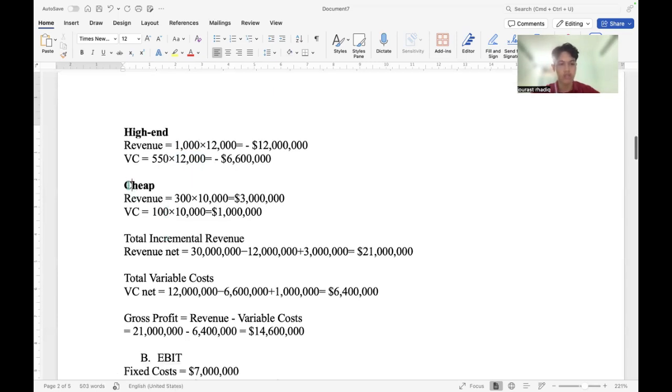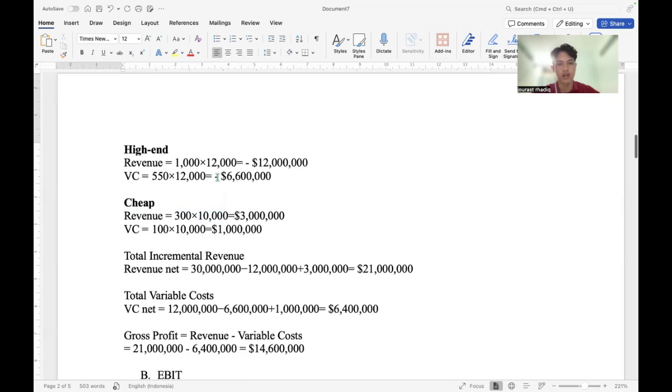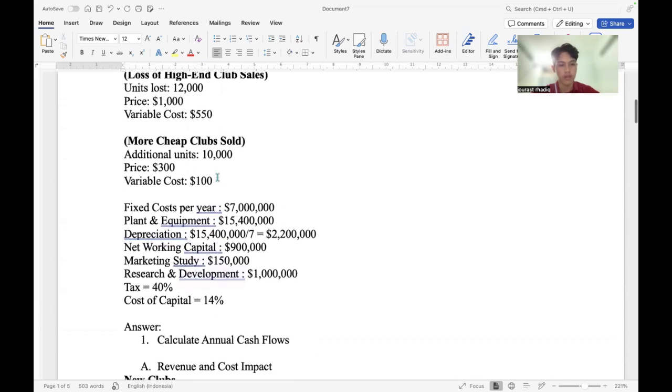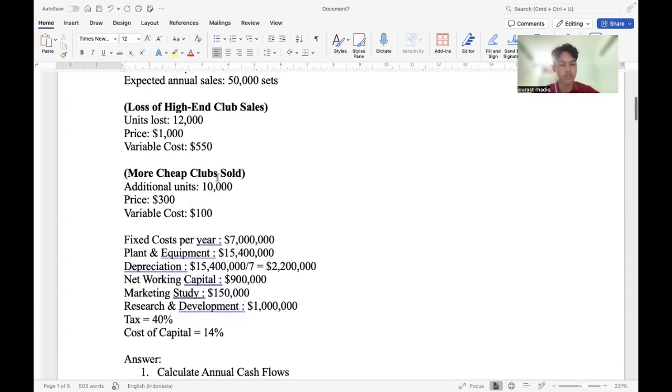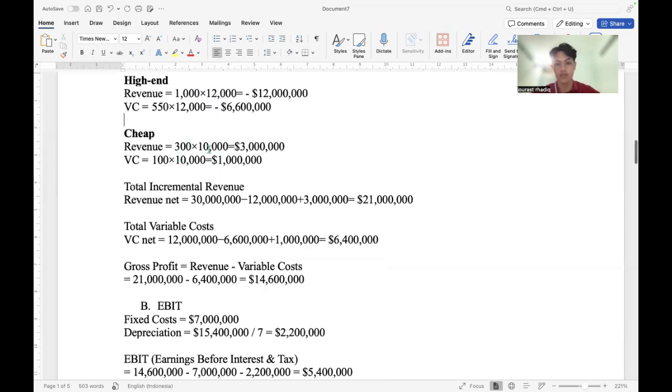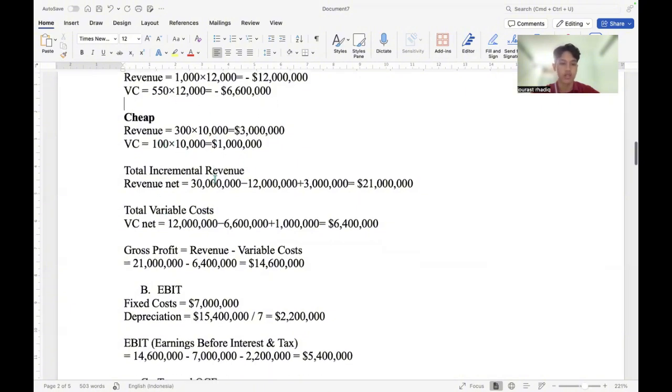Also, it's the same with the cheap one. 300 is the price that they sell at, and then this is the expected surplus, the additional units, so 10,000. So 300 times 10,000. Same with the variable cost, 100 times 10,000.